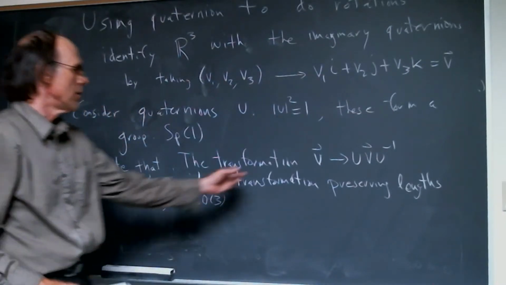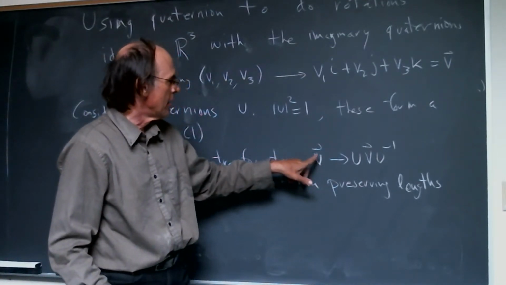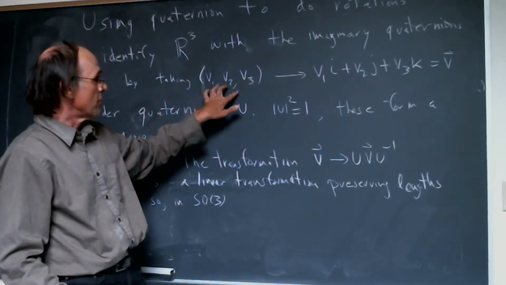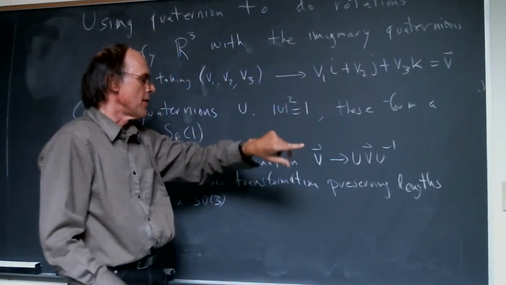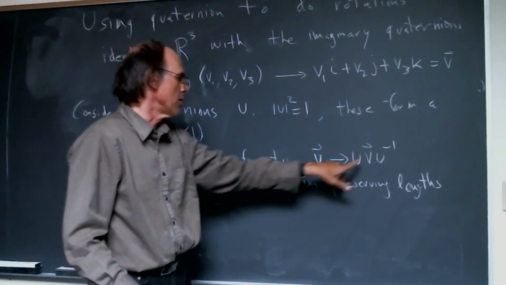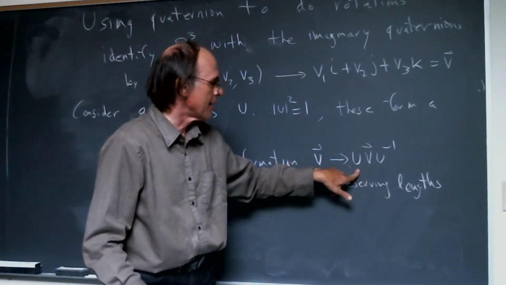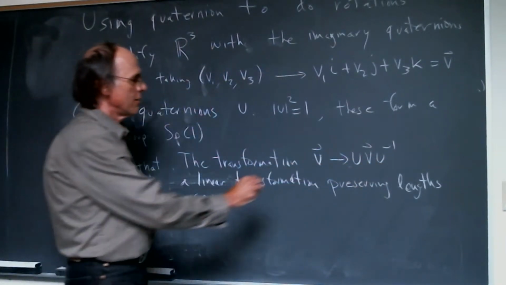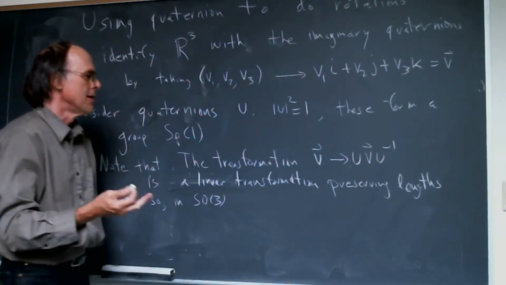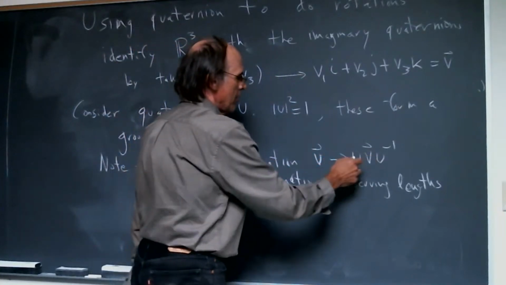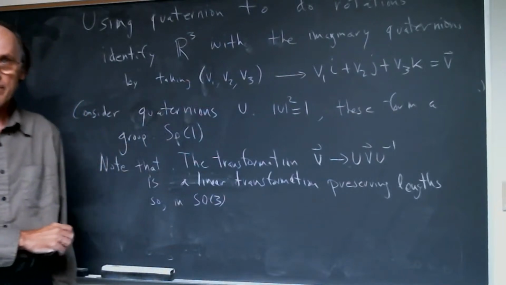This is fairly easy to check. If you think of your vectors in R3, identify them with purely imaginary quaternions, and then use unit length quaternions to conjugate them, what you find is that this action is an element of SO(3).